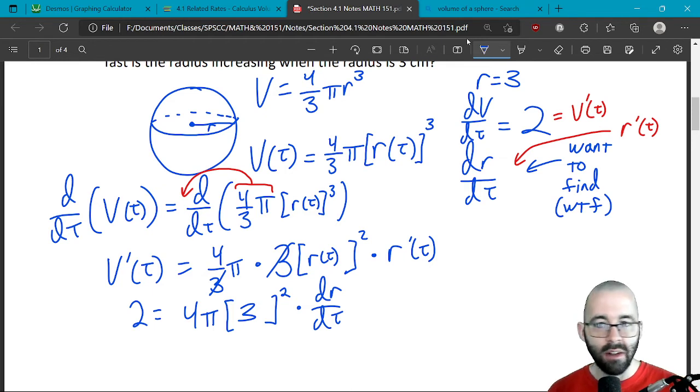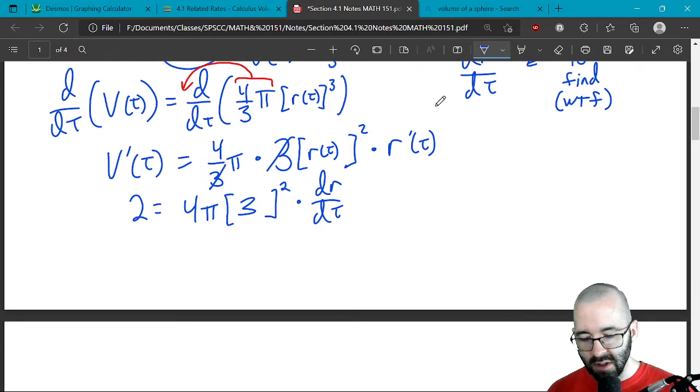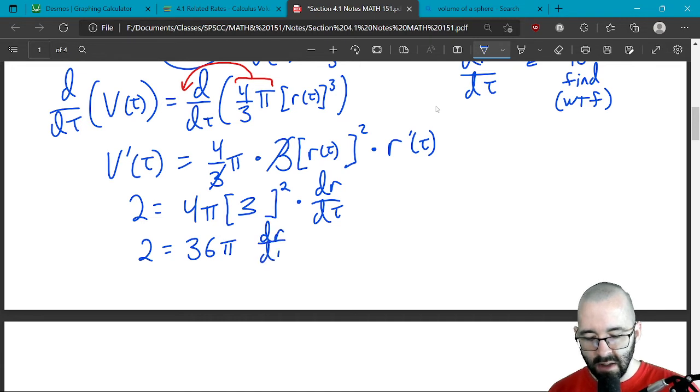Well, how do we find dr dt? Now it's just algebra. Solve for dr dt, just like we did in implicit differentiation. So this just turns into 2 equals, this becomes 9 times 4, just 36 pi times dr dt.